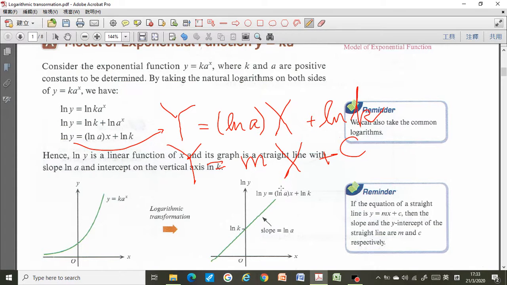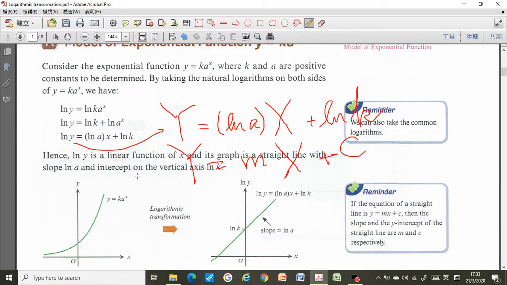This straight line you can extend to pass through the y-axis to get a y-intercept here. And also the slope you can calculate by taking any 2 points on the straight line to find out the answer. So this expression is the thing that you want to do.